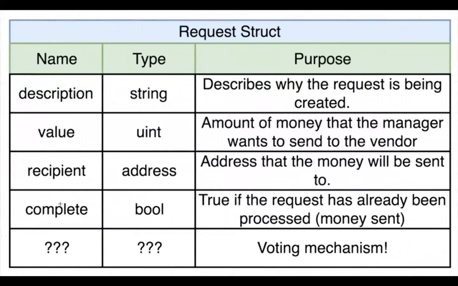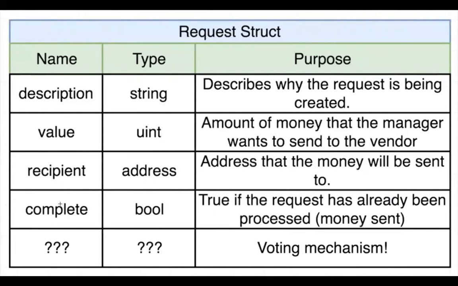So I'm going to create a new type called request. And anytime a manager wants to create a new request, they're going to be creating a new instance of this struct. The struct is like a class of sorts where we have to first create an instance of it to use it. Okay. And that's a very, very important point. So we have to create a new instance of it to use it.